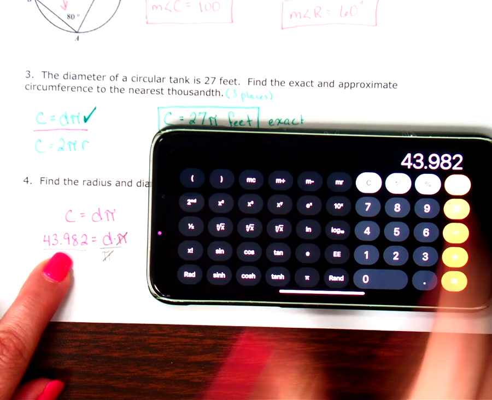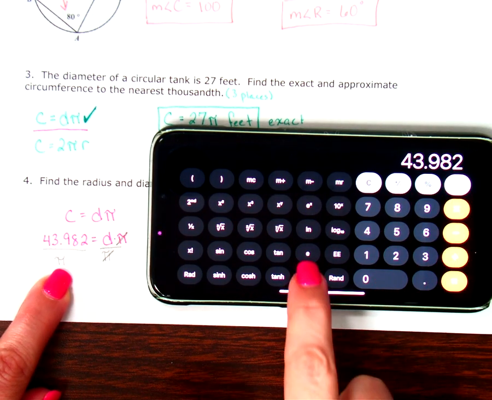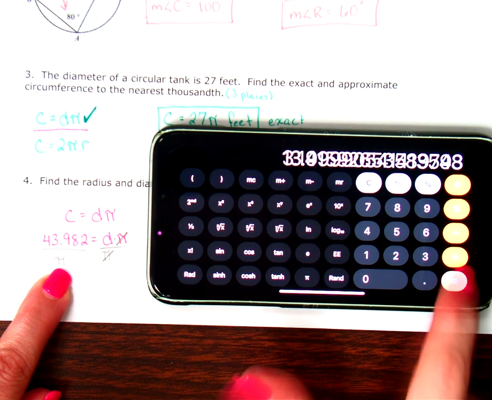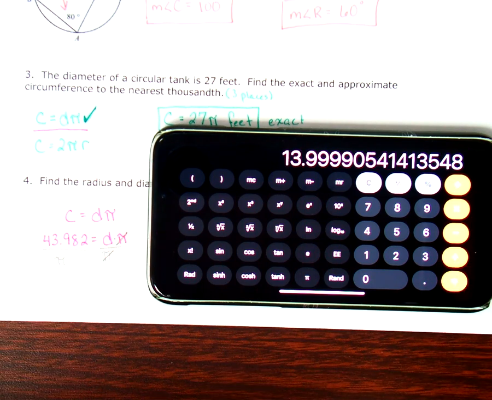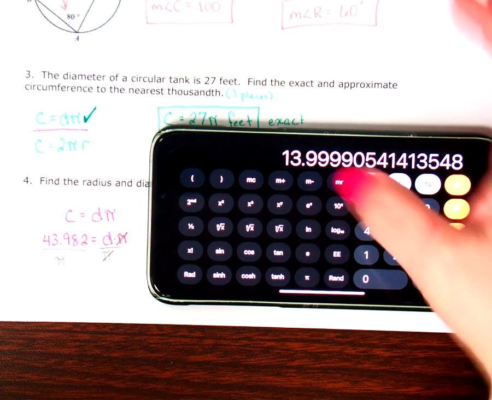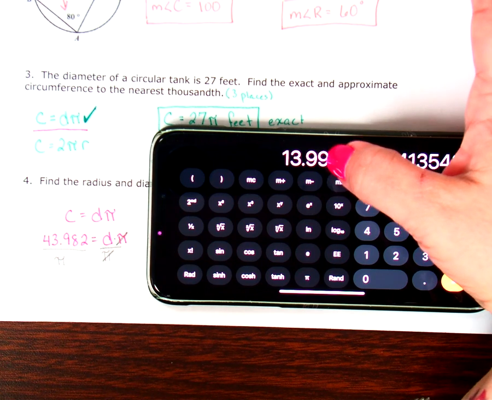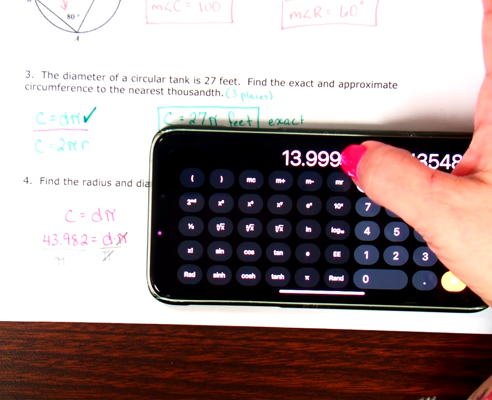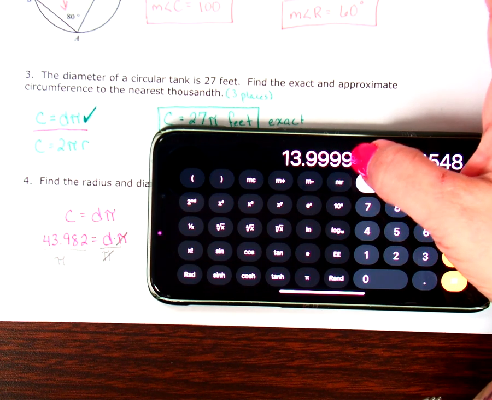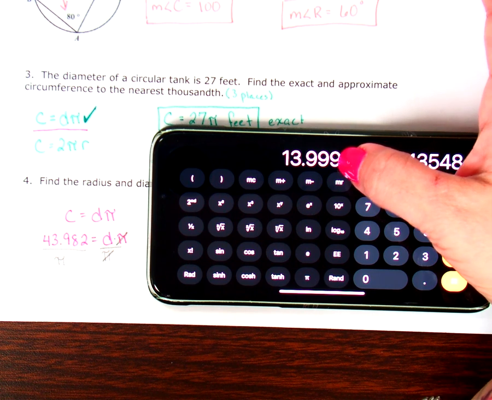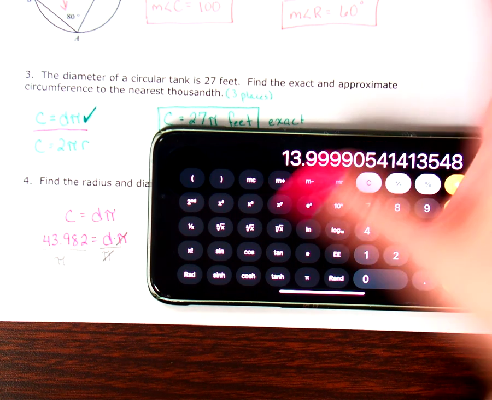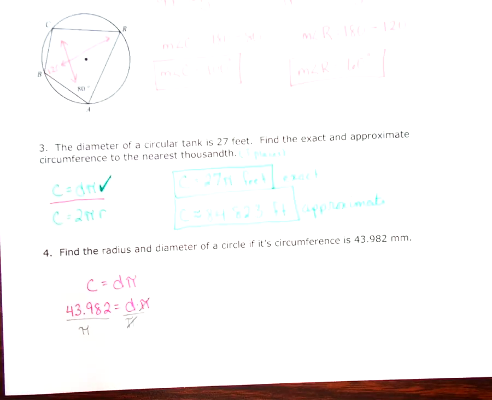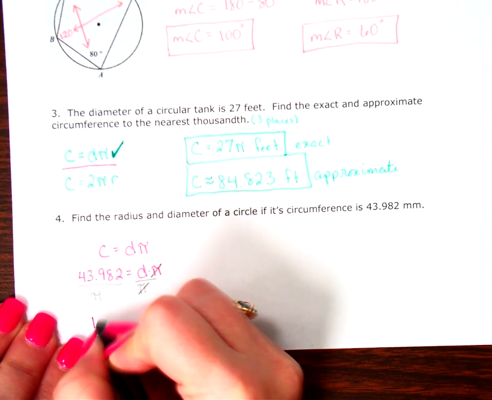I'm going to do 43.982 divided by pi. When I hit enter, if I rounded this to 3 decimal places like I did the last one, 999, and then when I look after that, it's also a 9. So that's going to bump all of those 9s up. It's going to bump it all the way to an even 14.